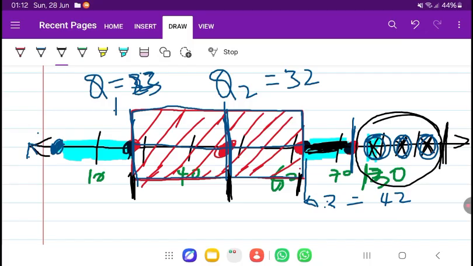Because you may find that you have more data concentrating on the left hand side and less data concentrating on the right hand side.